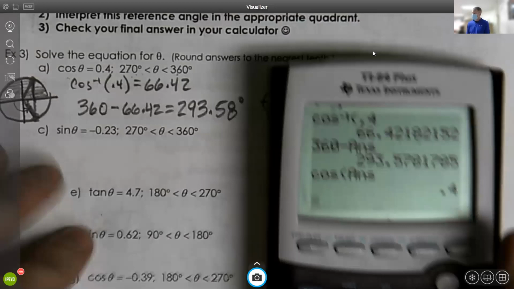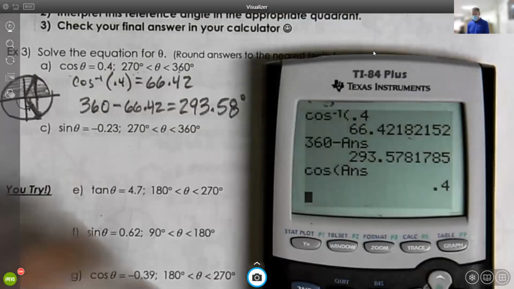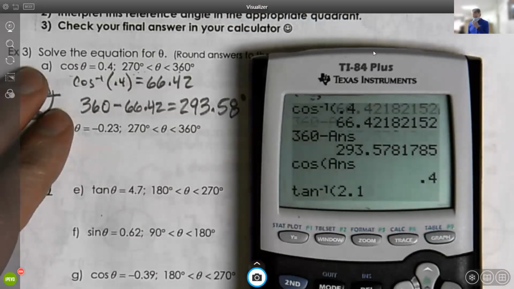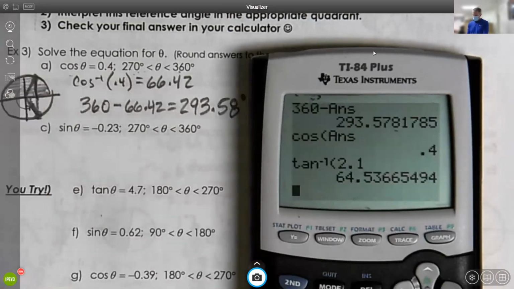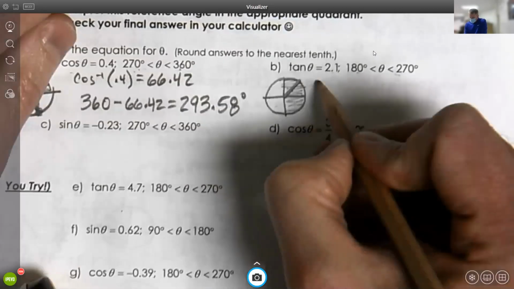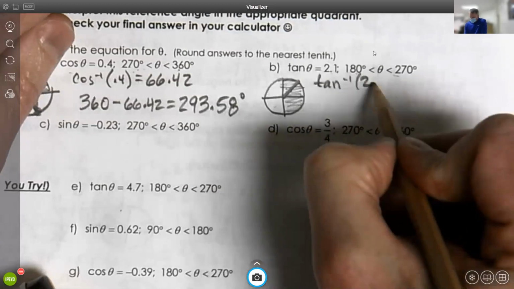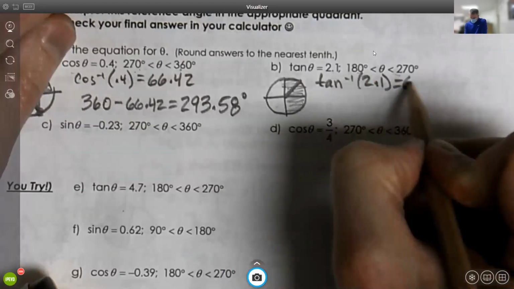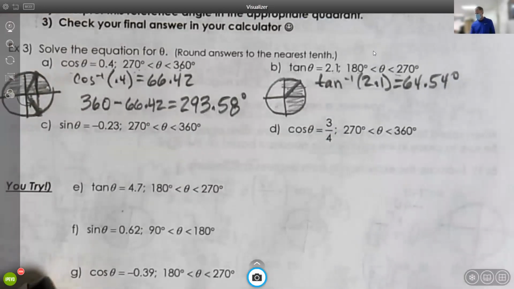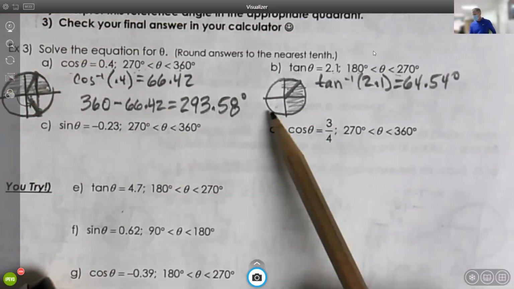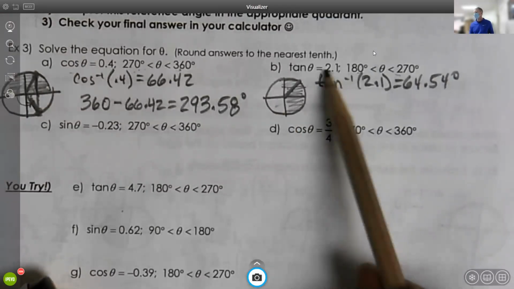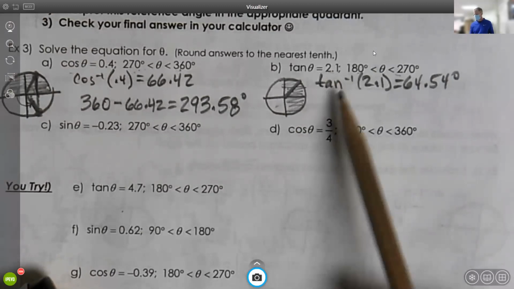Tangent inverse of 2.1 happens at 64.54 degrees. Now we want to get over here into the 3rd quadrant. That's the only other place where tangent is positive.